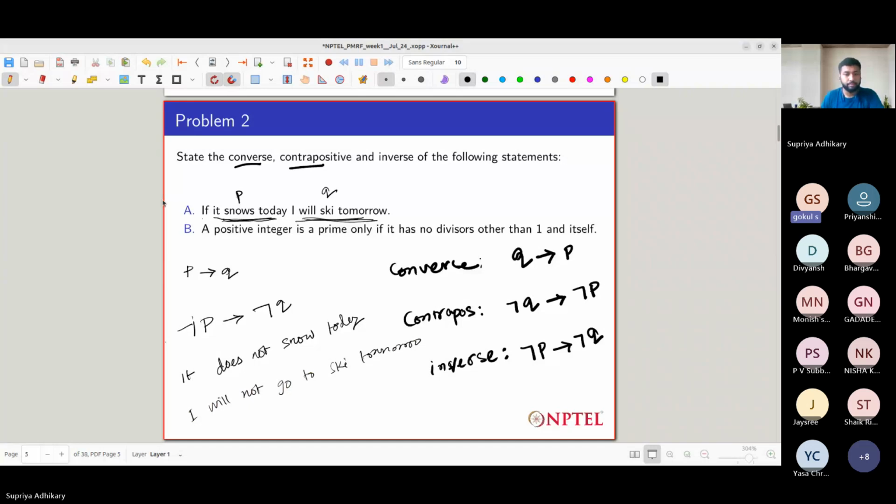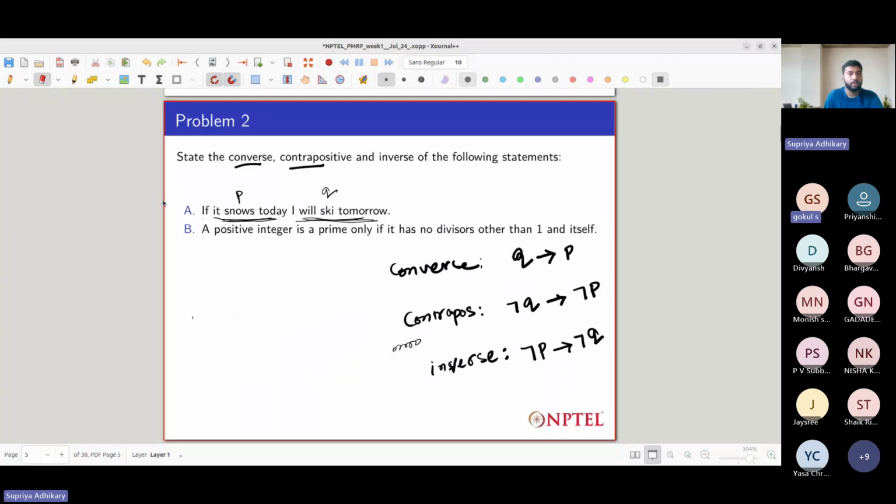Okay. So the negation of P implies the negation of Q. It should be, if it doesn't snow, then I will not ski. So these are the three statements that we have here: the converse, the contrapositive and the inverse.